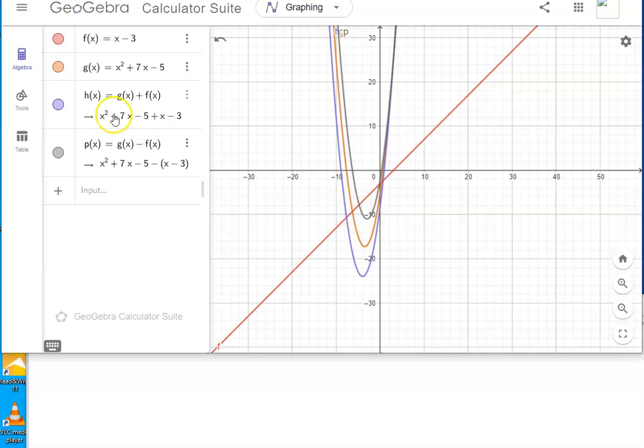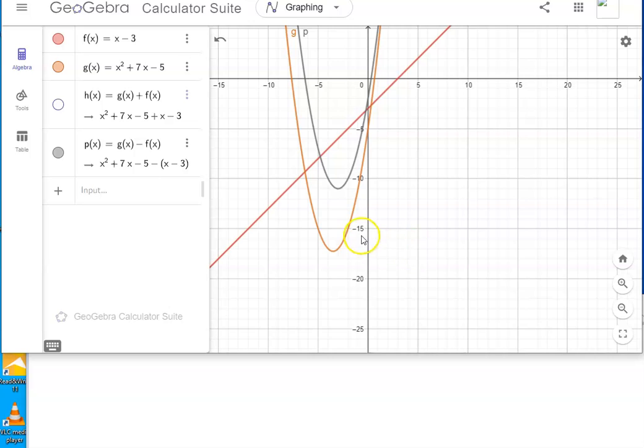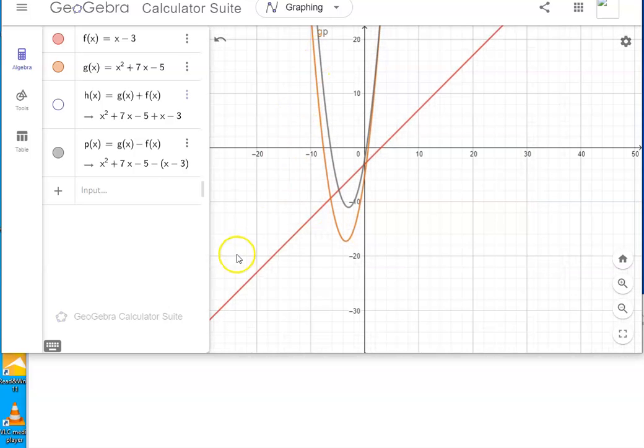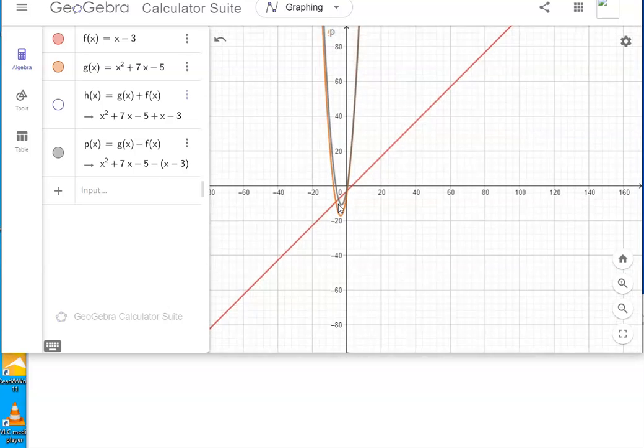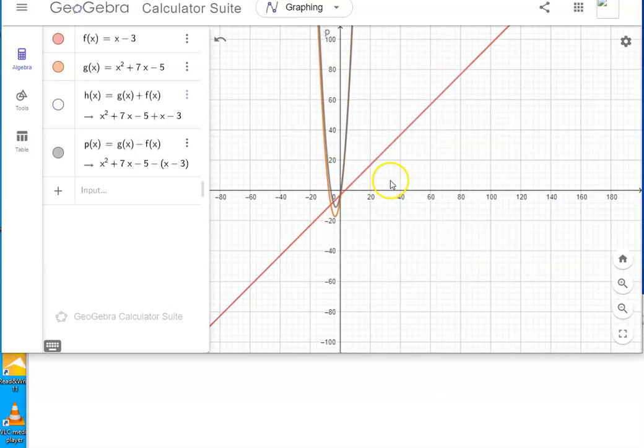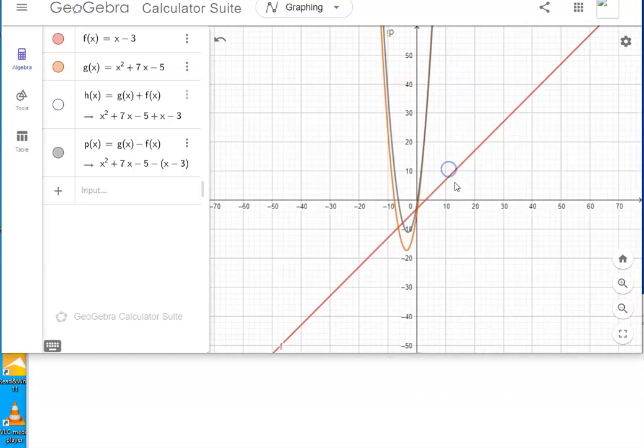It's a parabola, and I'll turn off the g plus f. Now do you see when I add them together, when I have a negative x, it kind of pulls the parabola a little bit down here. Otherwise, with really big x's, again, it looks very much like just the x squared. The x squared takes over with really big x's.